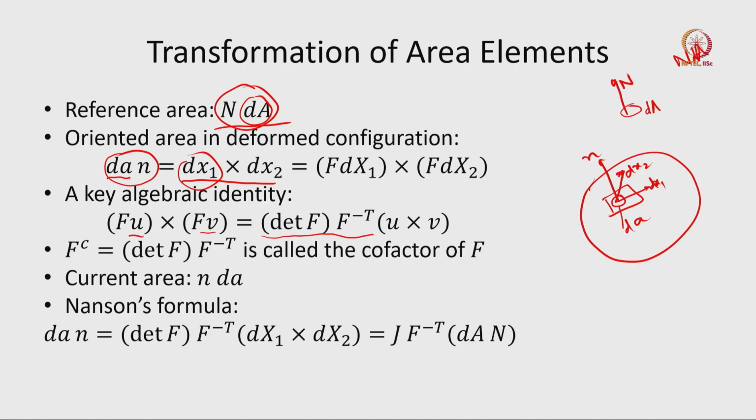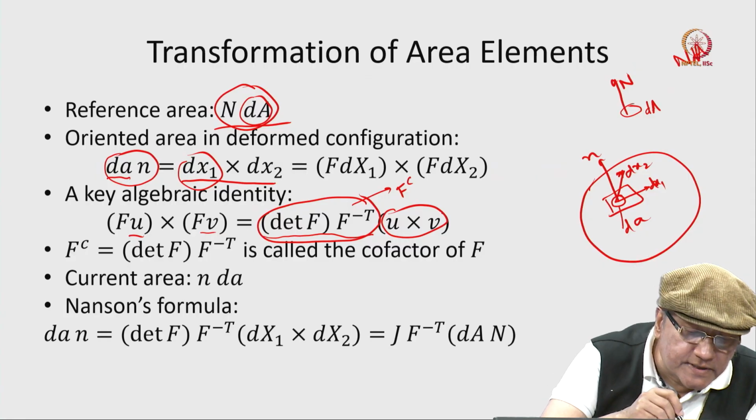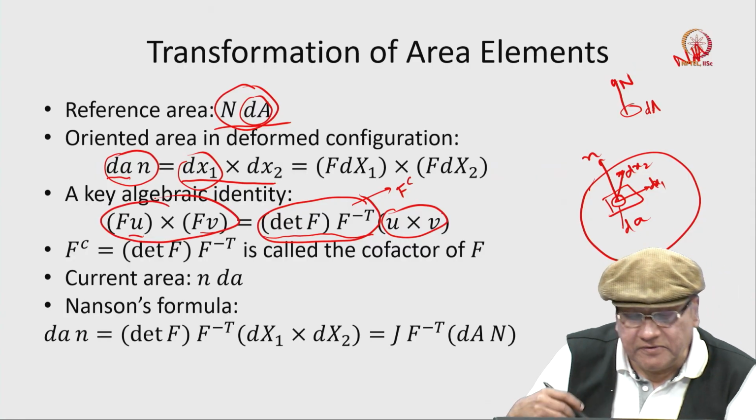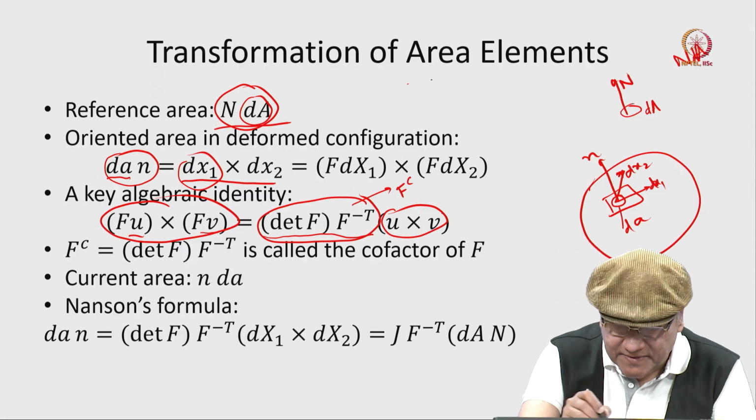Now, u cross v is the area element in the undeformed configuration, because u and v are vectors in the undeformed configuration. If I call this the cofactor matrix Fc, what Fc is doing is acting on an area vector, because areas are vectors, normal vectors, in the undeformed configuration to produce an area vector in the deformed configuration. So this is the transformation that we wanted for area elements.